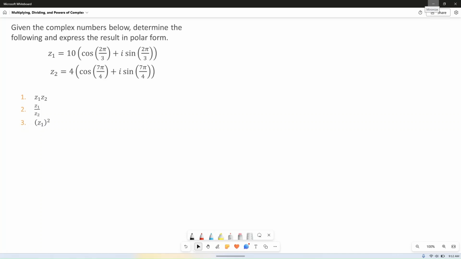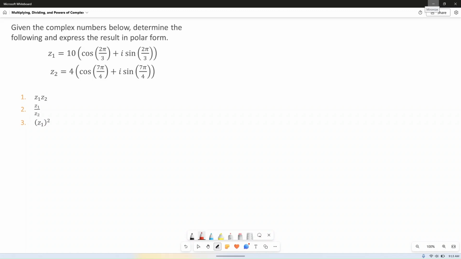Let's look at a few examples of how we can multiply and divide two complex numbers in their polar form, and then how we can also use a complex number in polar form and raise that complex number to a power. So just again, kind of a review of the process here.